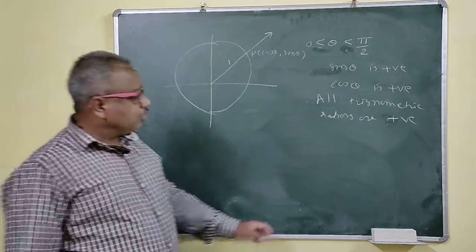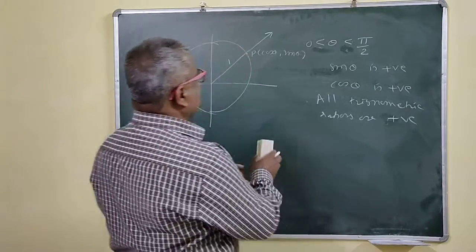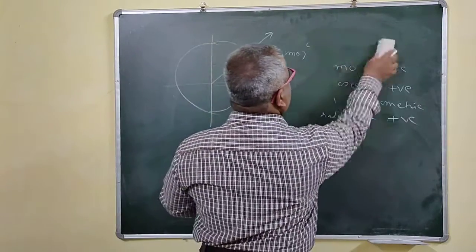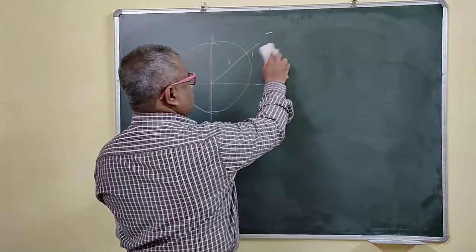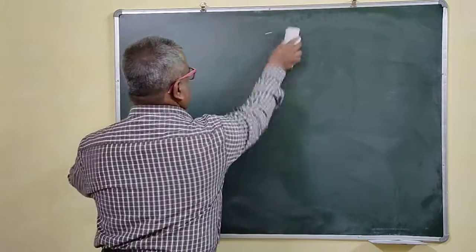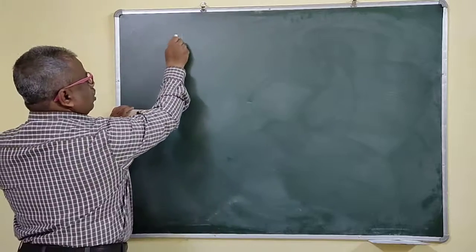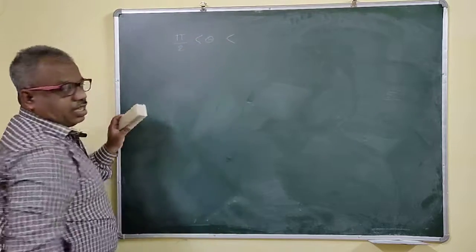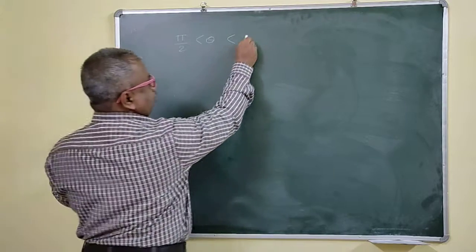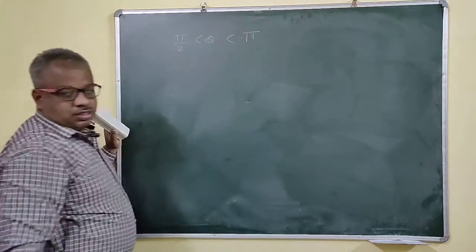Now if you are in the second quadrant, the second quadrant is pi by 2 less than theta less than pi.